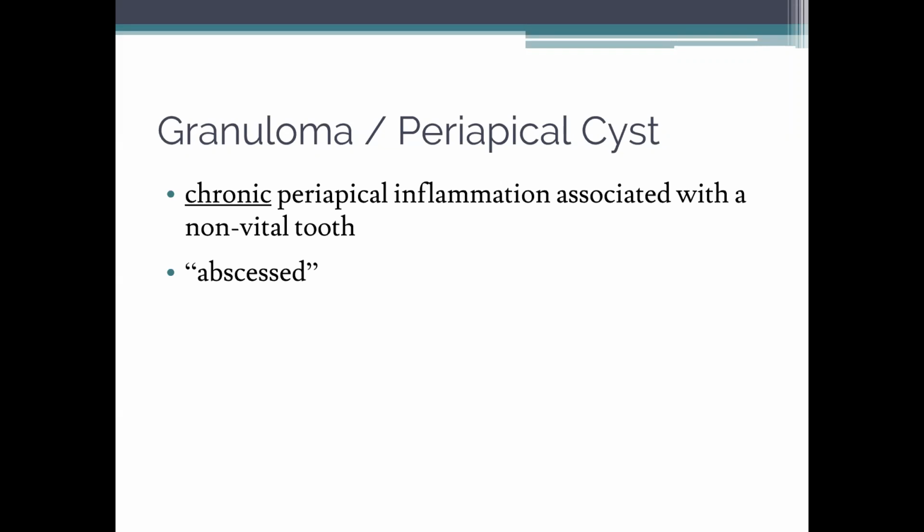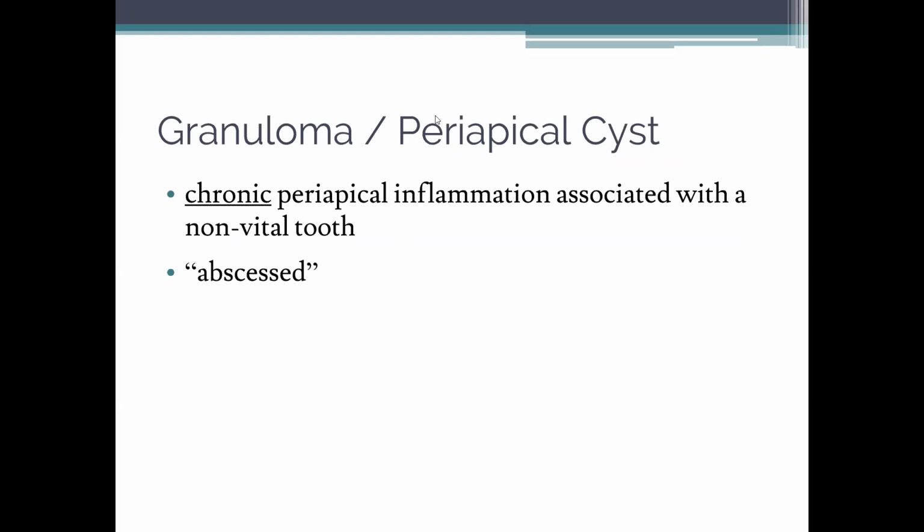So a chronic scenario is when you have what we call a granuloma. Some people like to call it a periapical cyst. Remember, a periapical abscess is hot. A periapical cyst, it's chronic. Basically, it has no pain with it.